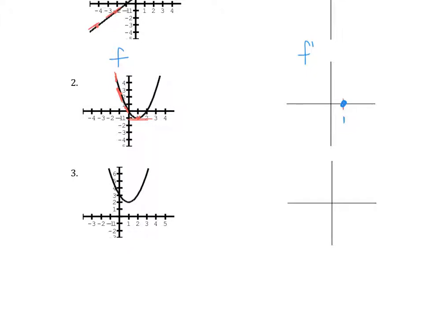And what's happening? Well, way out here, these are really steep. That means they're very, very negative. Okay, like -10, -20. So they're getting more and more negative. As I get closer to 1, do you see how my tangent lines are getting flatter, which means they're getting close to 0?